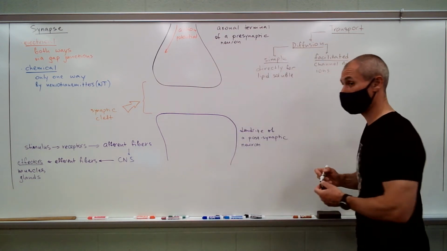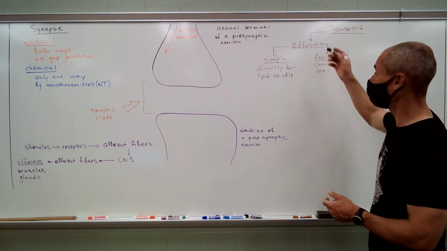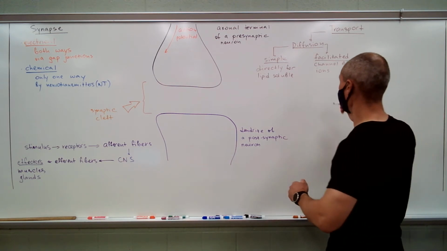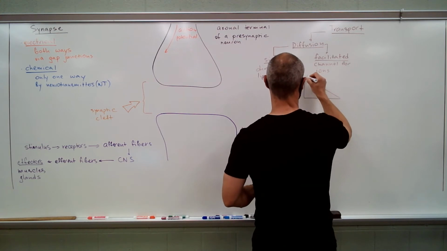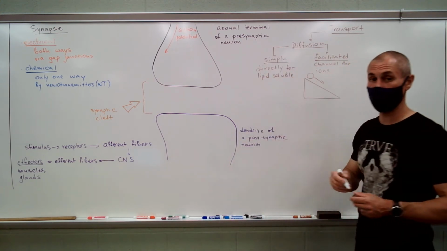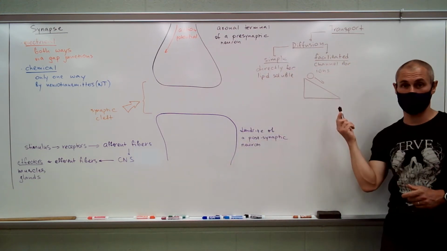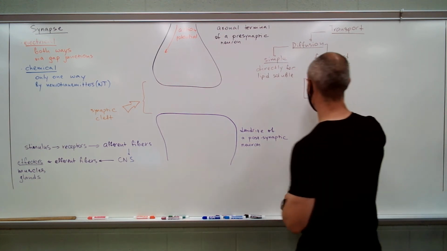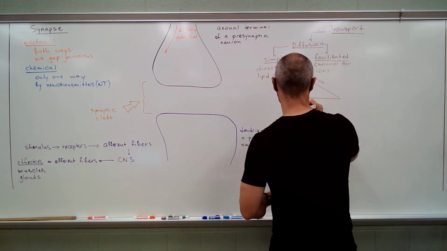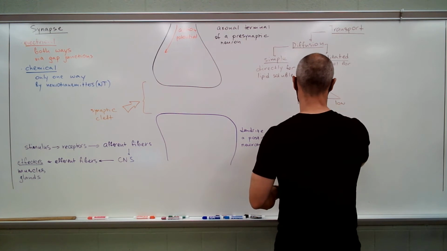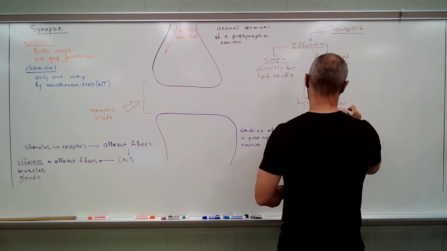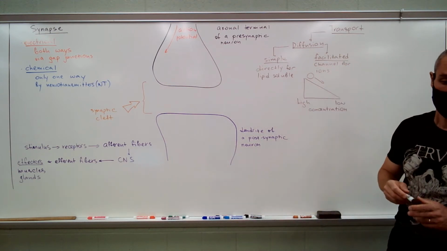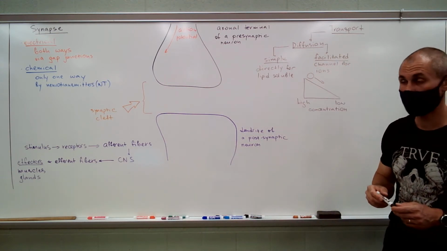But sometimes, so diffusion, as you may remember, is the process in which particles move along the concentration gradient from high to low concentration. Does that make sense so far?